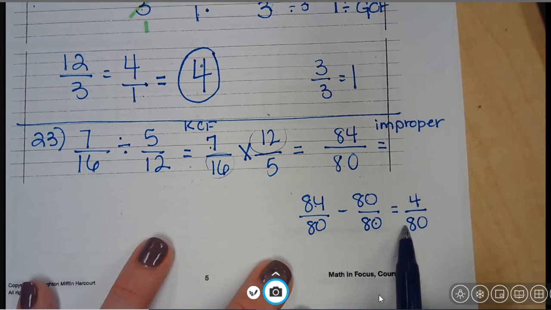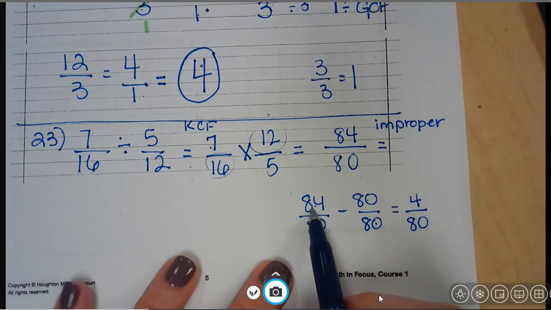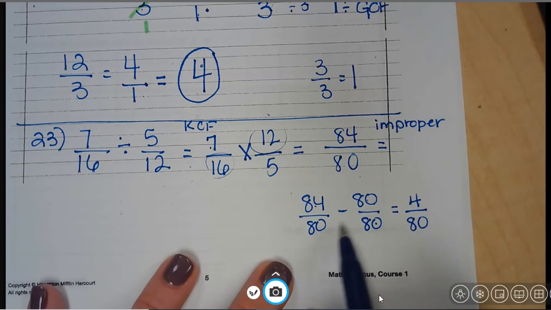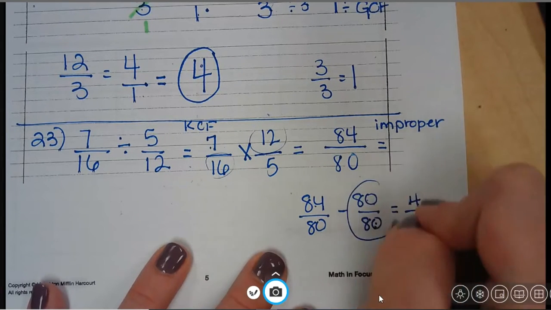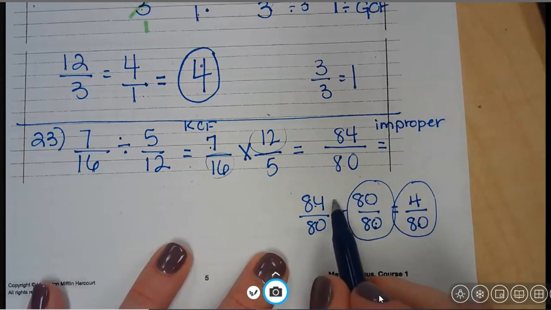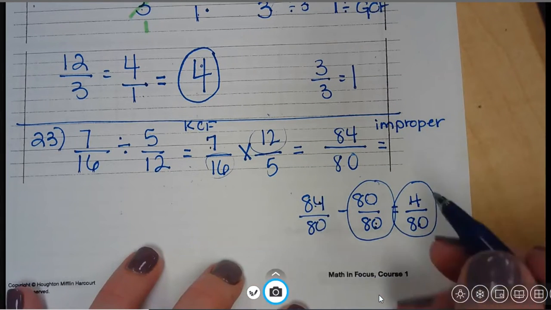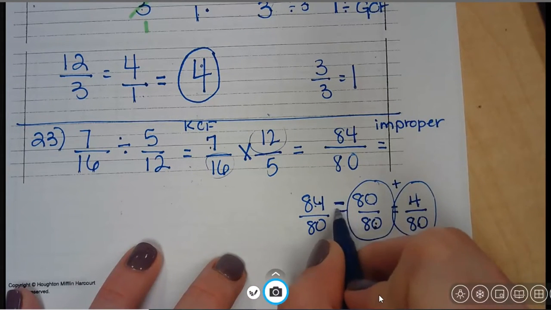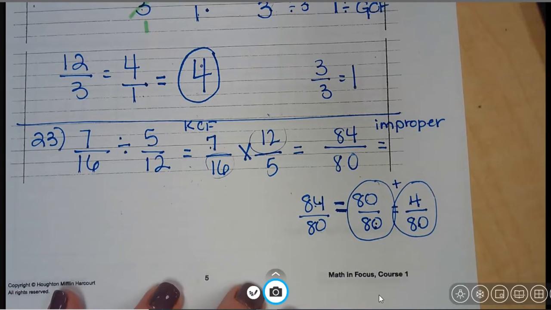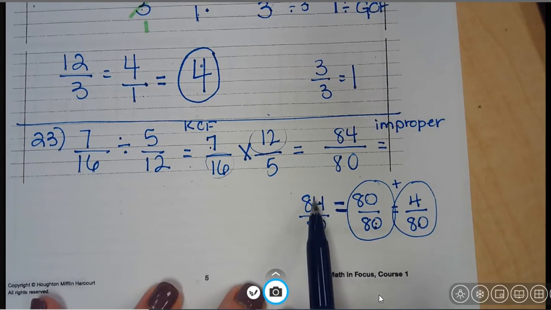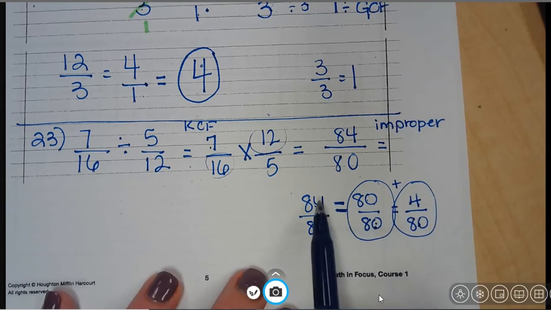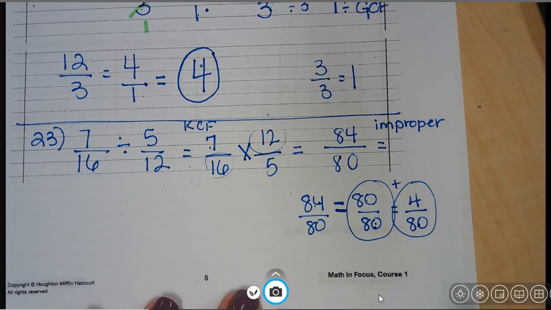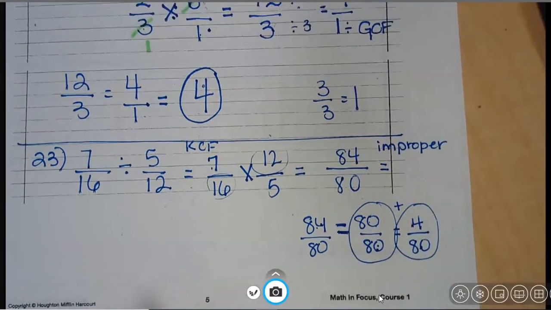It stays the same, remember? So 84 minus 80 is 4, and 80 stays the same at 80ths. So I have this and this part that makes up 84 eightieths. These two together equal this. If you're thinking of a fact family, 84 minus 80 equals 4, and 4 plus 80 equals 84. So this can become 1.